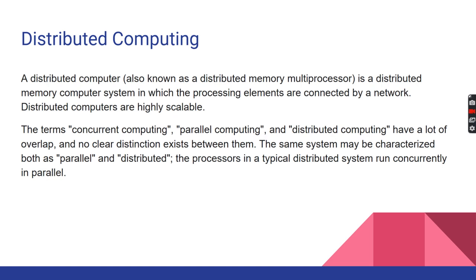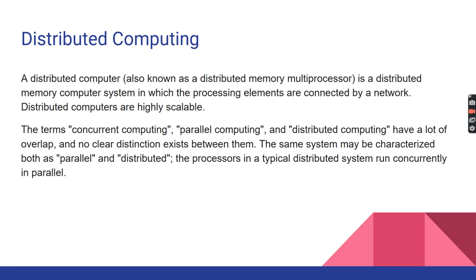So what exactly the slide means is that the memory has been distributed throughout the systems, and these are interfaced by a network. Concurrent computing, parallel computing, and distributed computing have a lot of similarities in their functionality, and there's no clear distinction between them.